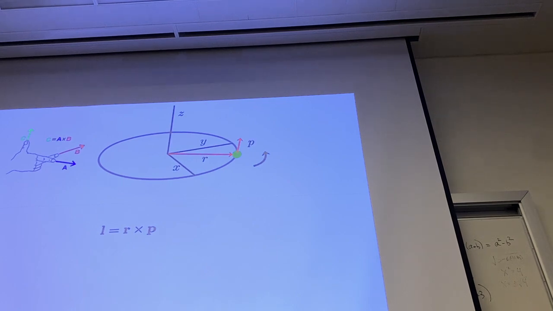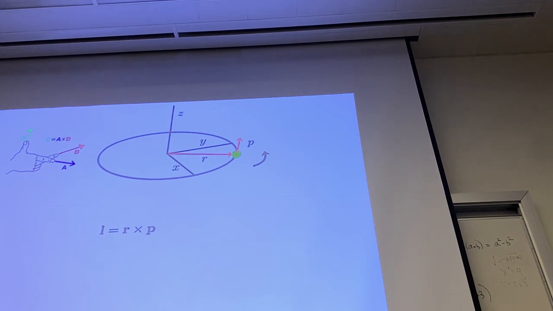So if this particle here is moving along p in that direction, and r moves from 0 this way, then the angular momentum is sticking up. That's the thumb. So if you have a particle that moves around in a circle like that, then the angular momentum is pointing up.